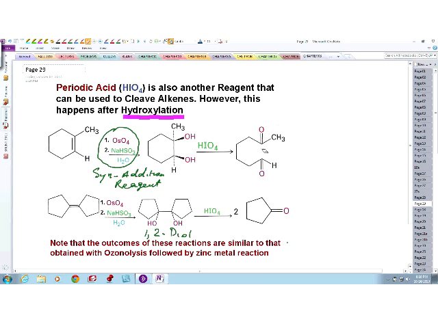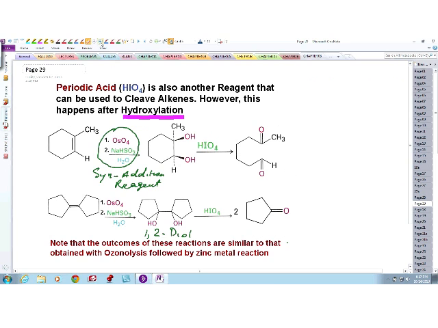What you end up getting here, this carbon becomes the carbonyl of a ketone, and that is the carbon that is attached to an alkyl group. And the carbon that is attached to the hydrogen atom eventually becomes the carbonyl of an aldehyde.